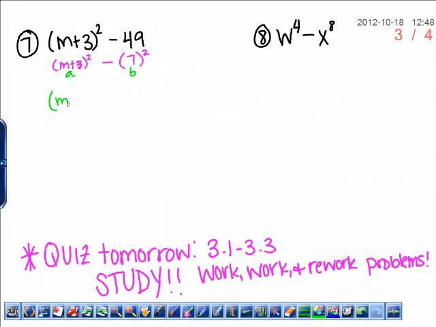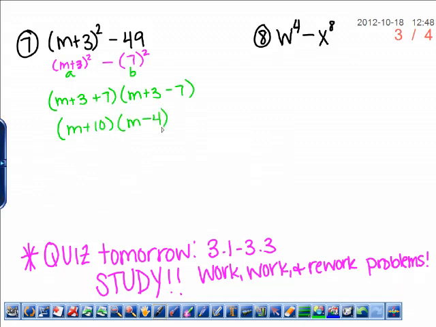So m plus 3 plus 7 times m plus 3 minus 7. Yeah, let's simplify. M plus 10 times m minus 4. Again, could you square m plus 3, combine like terms, and then factor? Yeah. Just a little more time consuming.